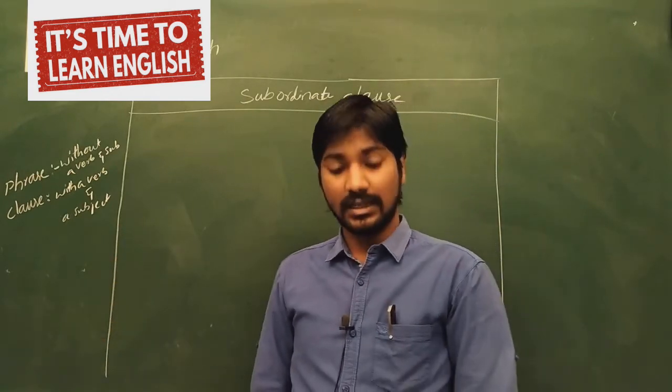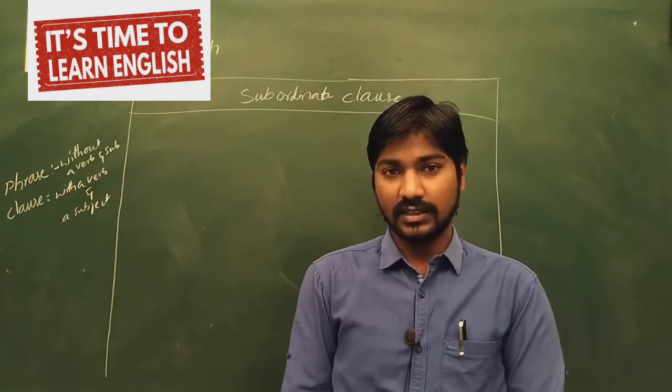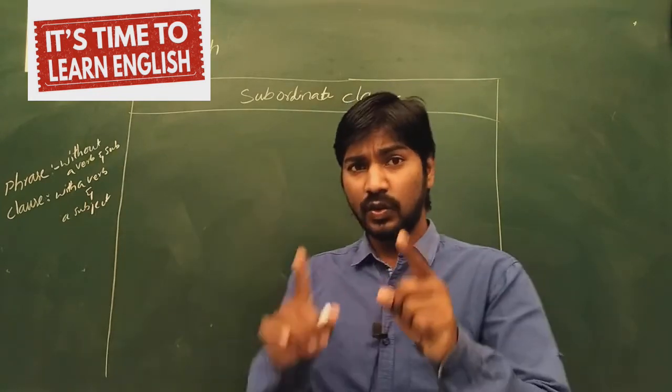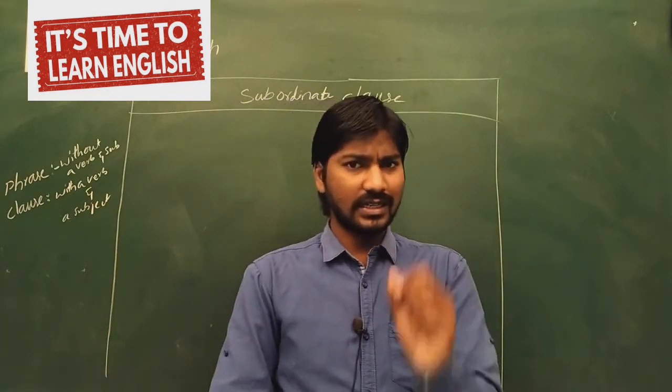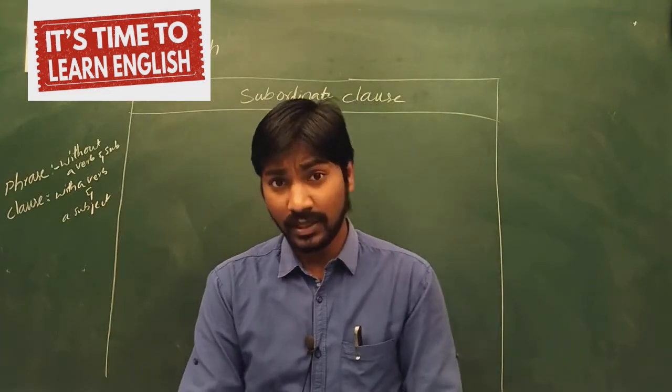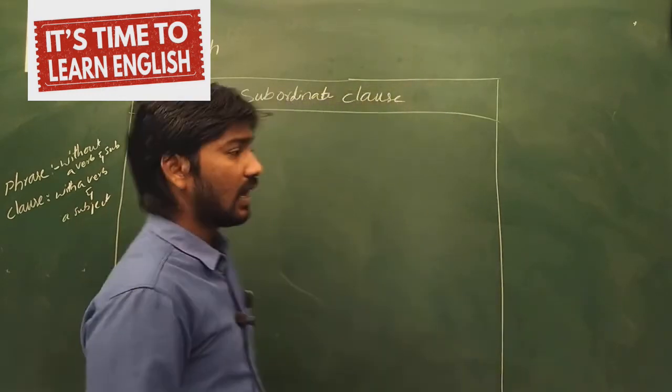I'm going to give you some subordinate clause words here. Just keep them in your mind. Yesterday I gave you the meaning of the main clause and the subordinate clause. Just write down that the subordinate clause always depends upon the main clause. Now the words: after, although, rather than.